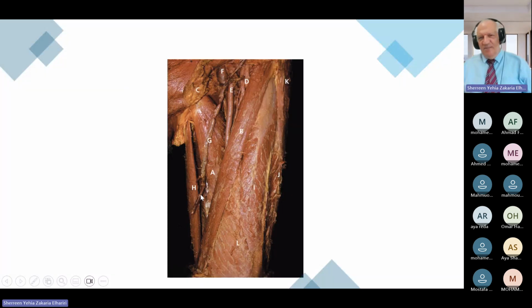Again, this is an important area, the femoral triangle. So Dr. Aya or anyone, start with A. Where is A? It is adductor longus muscle. What is B? Sartorius muscle, yes.